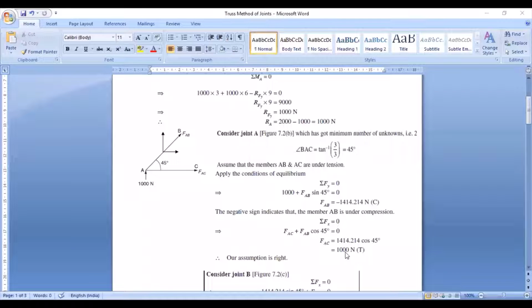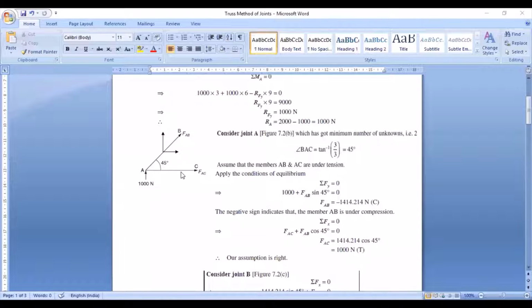Therefore, FAC is 1000 Newton, which is positive, which means that the direction which I have assumed for FAC is absolutely right. And since this is moving away from joint A, it is termed as a tensile force. So since it is acting away from the joint, it is under tensile force.